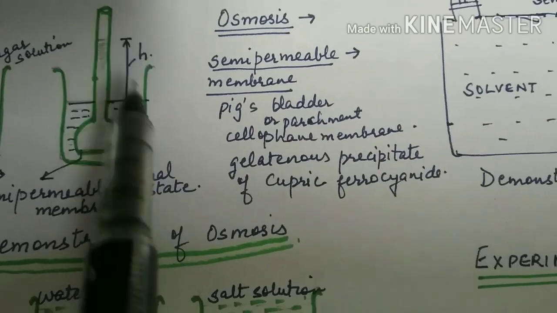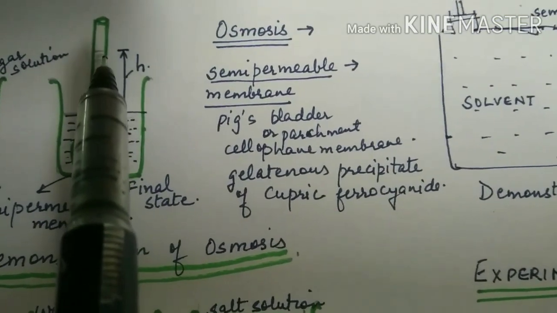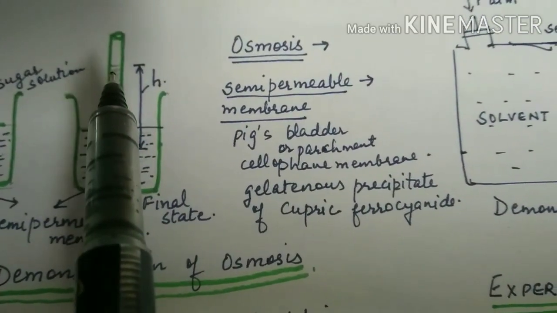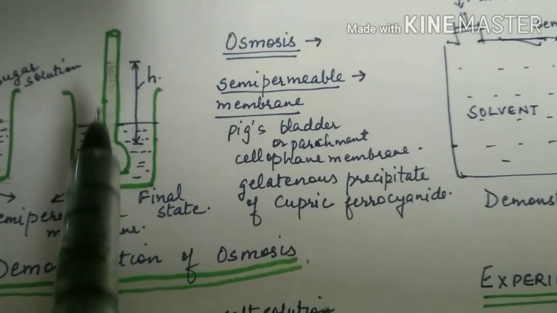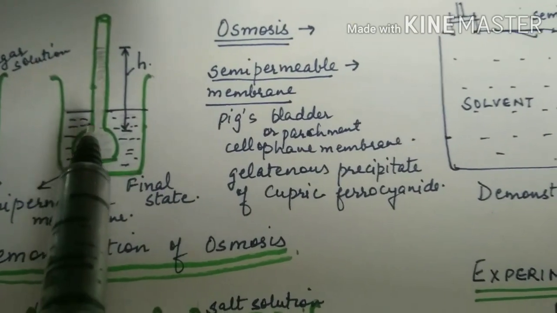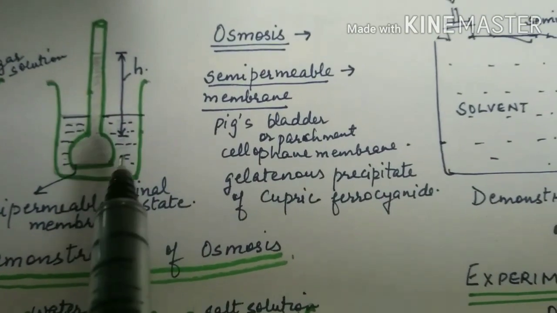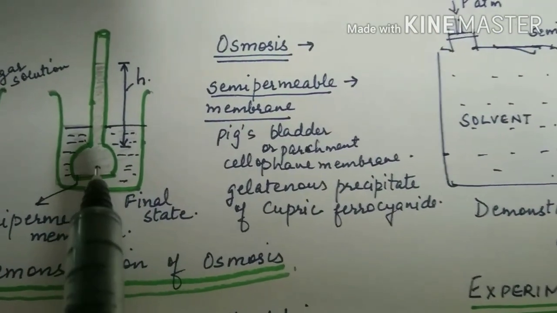But a stage comes when the level is maximum and further does not rise in height. What happens here is that the hydrostatic pressure that has developed by the water column which has formed over here balances the pressure of the osmosis.